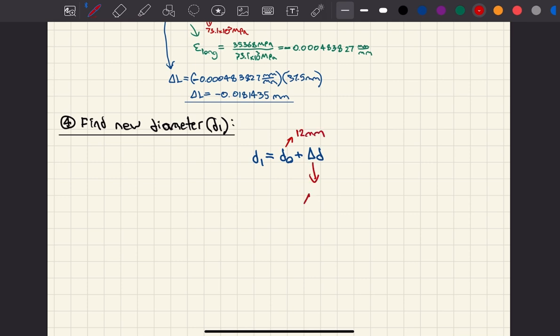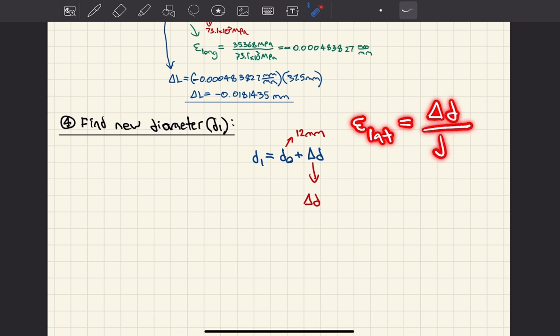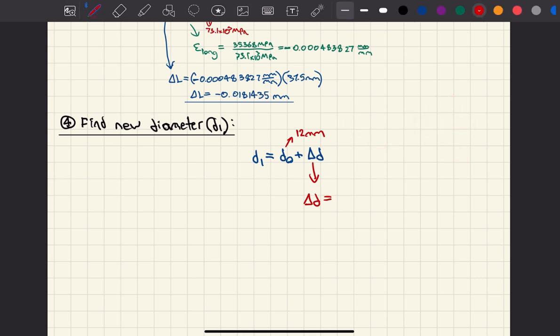I know that delta D, from this equation that we just explained, the lateral strain is equal to delta D over D naught, right? The change in diameter over the original diameter. So I can replace it with the lateral strain multiplied by the original diameter. Again, do I know the original diameter? Yes, I do.